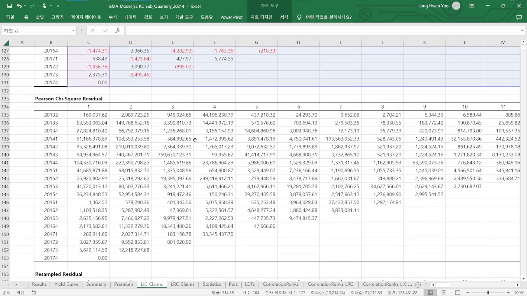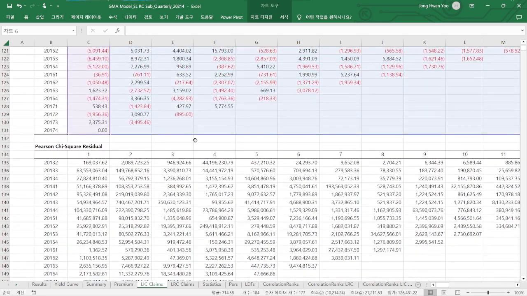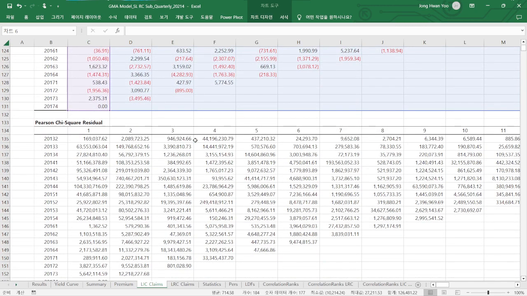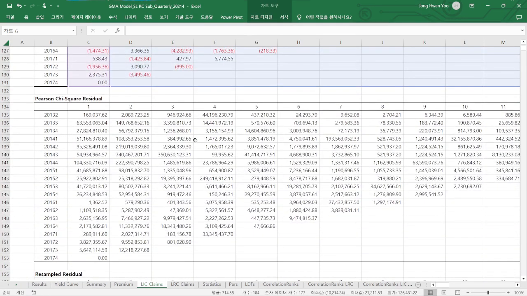He suggests that those residuals, and he came up with his own standard error based on his own selection. That's the starting point for the stochastic reserving idea. And ever since then, stochastic models have been built out of it.